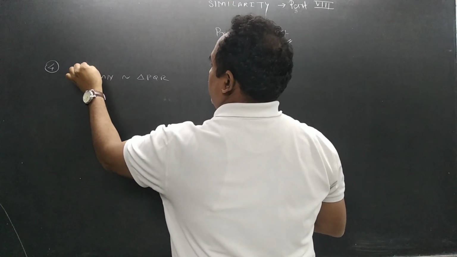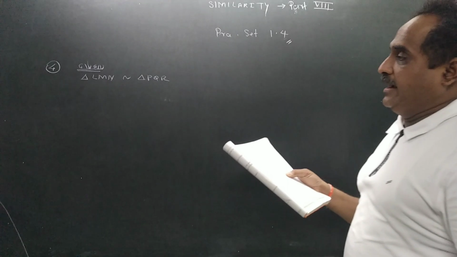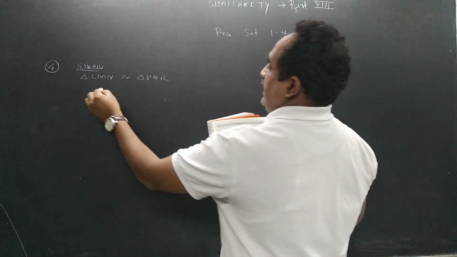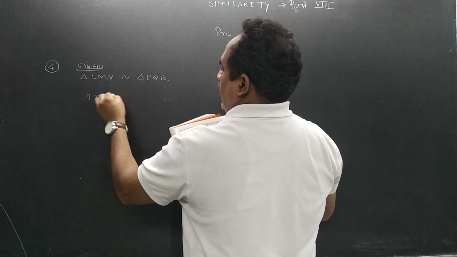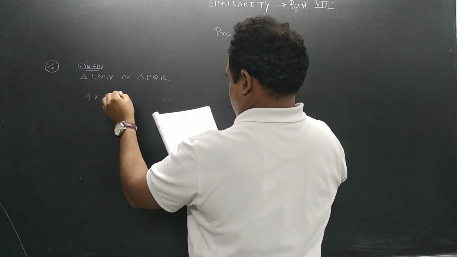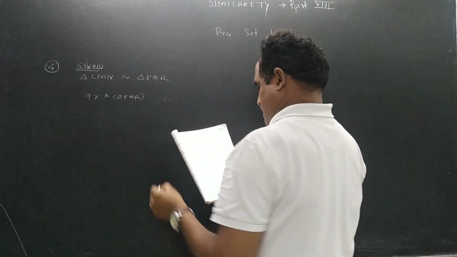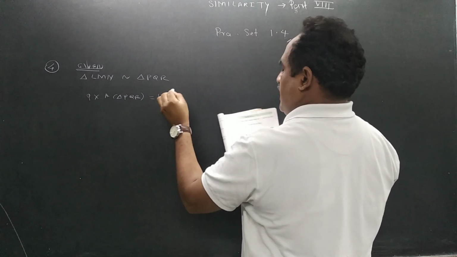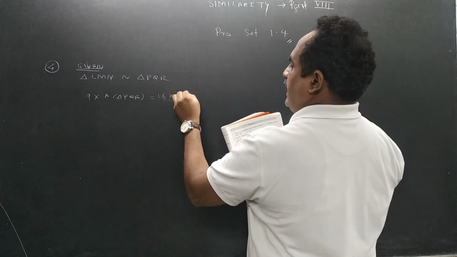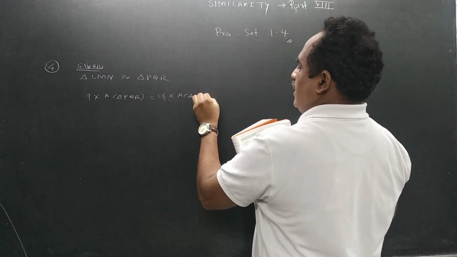Given triangle LMN is similar to triangle PQR, then 9 into area of triangle PQR is equal to 16 into area of triangle LMN.